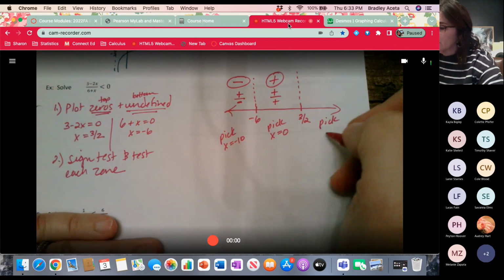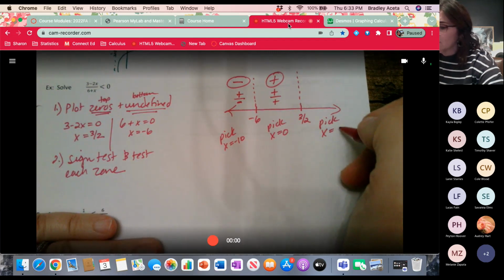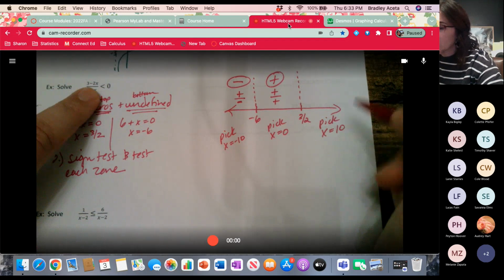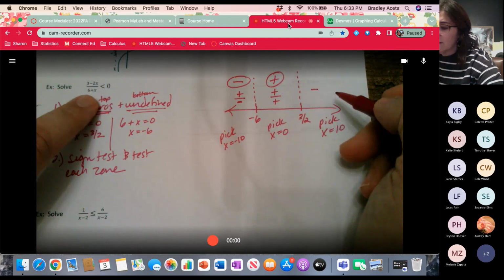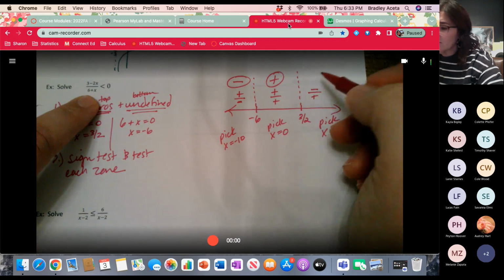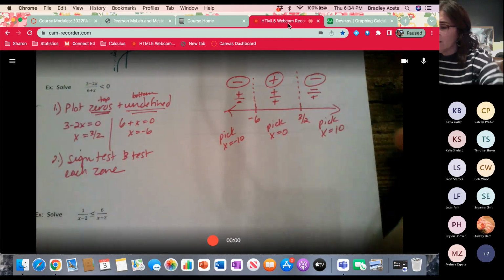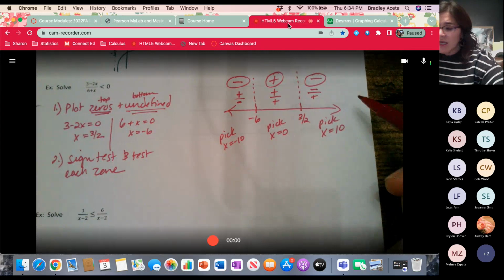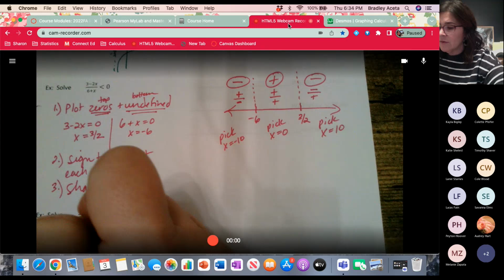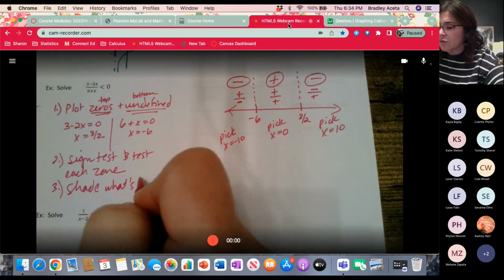One more section. Let's do 10. If I pick 10 and I put it in top, I would get a negative. If I pick 10 on the bottom, I would get a positive. Negative divided by a positive is negative. Now, you shade what's true. Shade what's true.